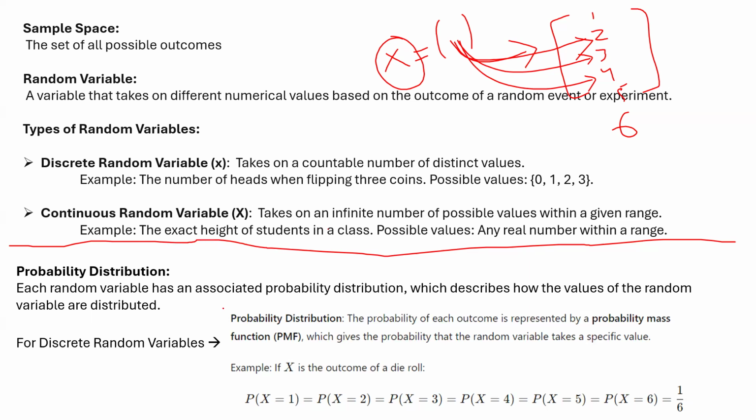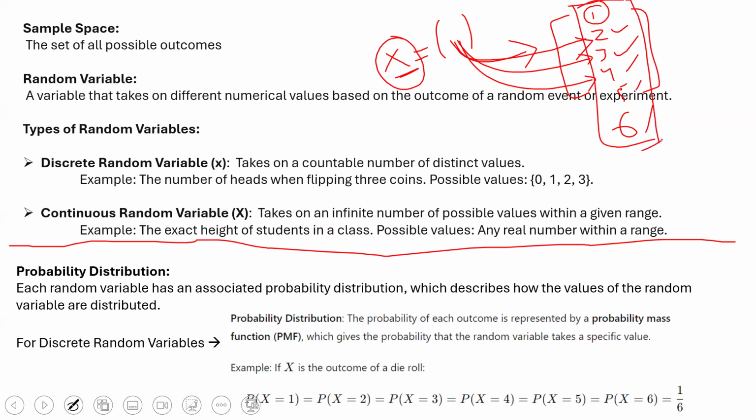It has an equal probability of picking value 2, 3, 4, 5, 6. Every outcome here has equal probability, which is 1 by 6, because out of 6, there is one chance.